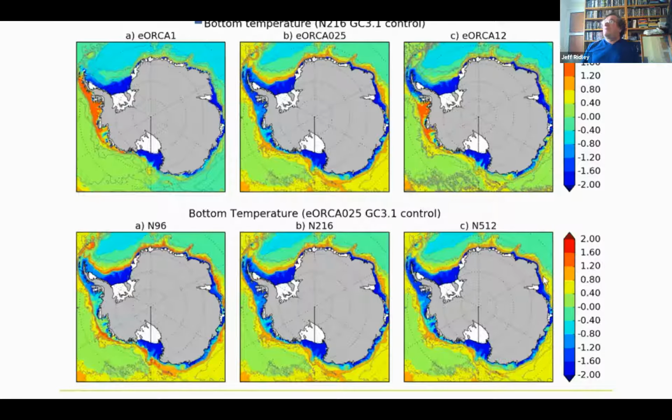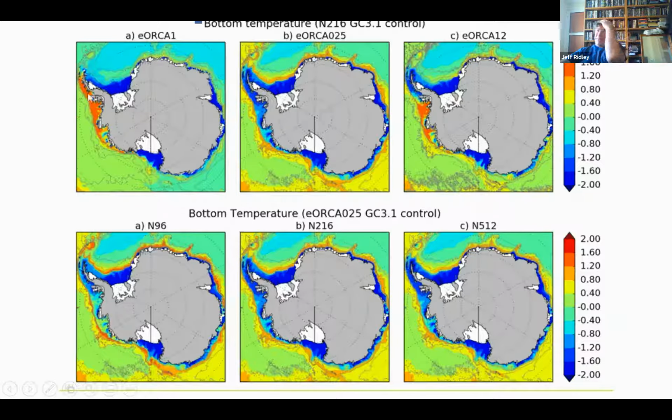If we look at these different resolutions of the ocean at the top, after 40 years of simulation, we can see that the low resolution model, on the left, has warm water on the shelf, and the cold ice shelves, Ross and Ronne in particular, are cold. This is the bottom water.